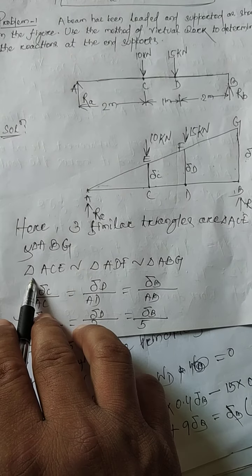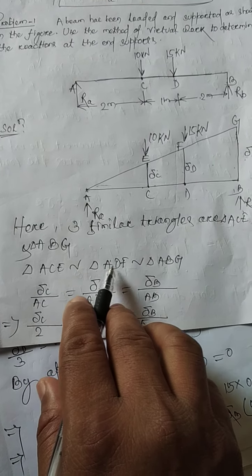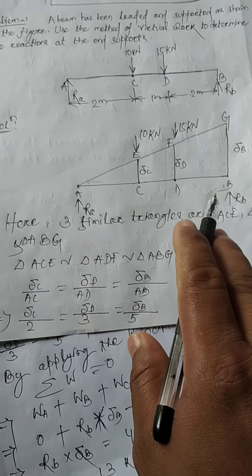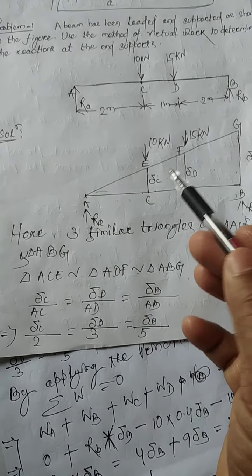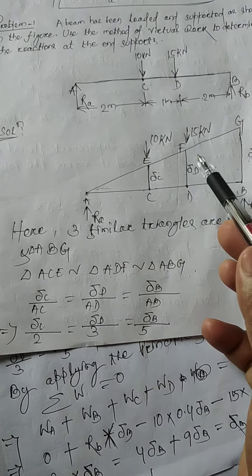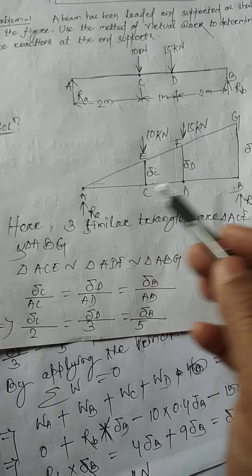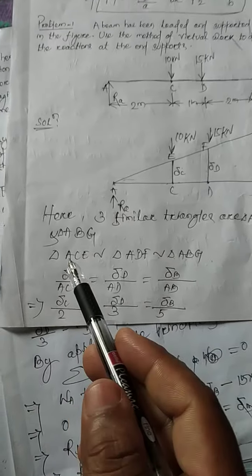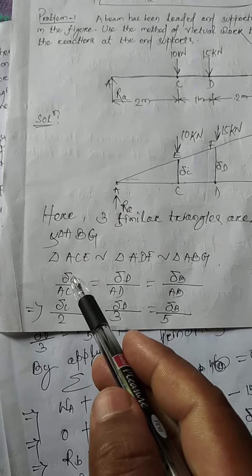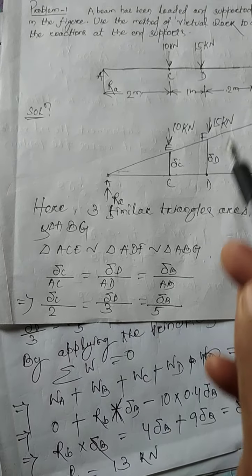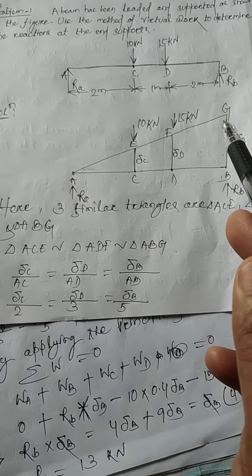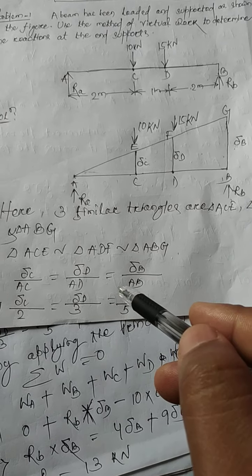As we know, triangle ACE is similar to triangle ADF and similar to triangle ABG. So we put the similarity equation: EC by AC is equal to FD by AD is equal to GB by AB. Here we can write del C by AC is equal to del D by AD is equal to del B by AB.